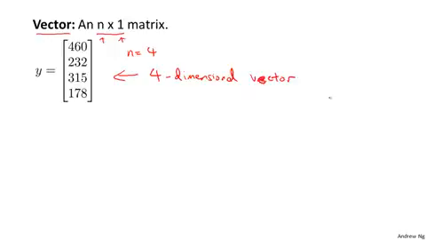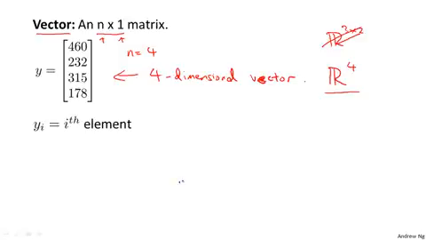And just as earlier for matrices, you saw notation like R3 by 2 to refer to 3 by 2 matrices. For this vector, we refer to it as a vector in the set R4. This R4 just means the set of all 4-dimensional vectors. Next, let's talk about how to refer to elements of the vector. We use the notation y subscript i to refer to the ith element of the vector y.